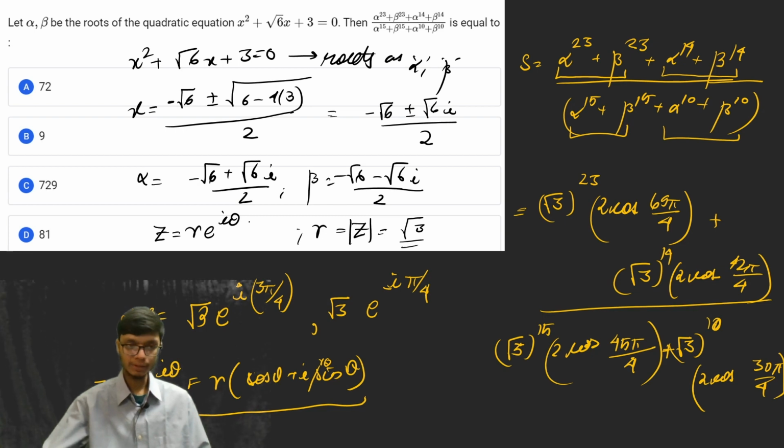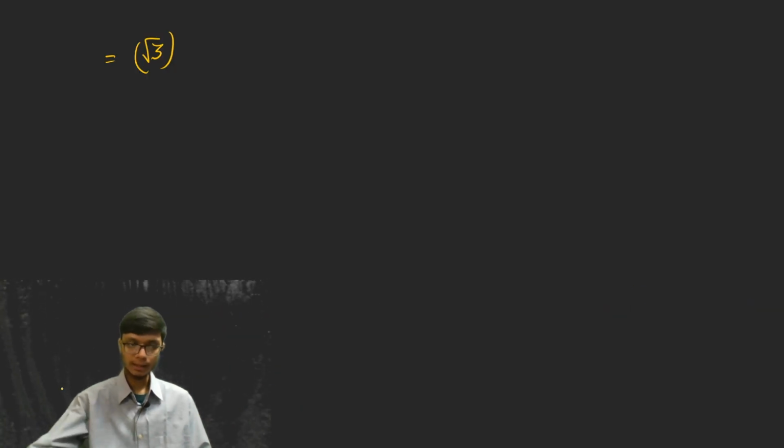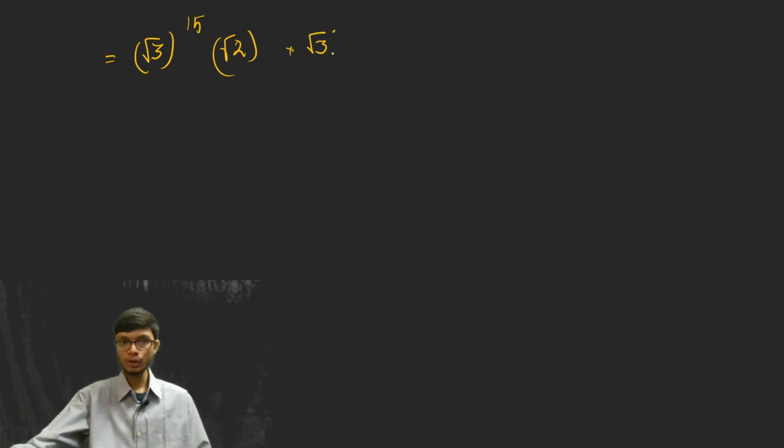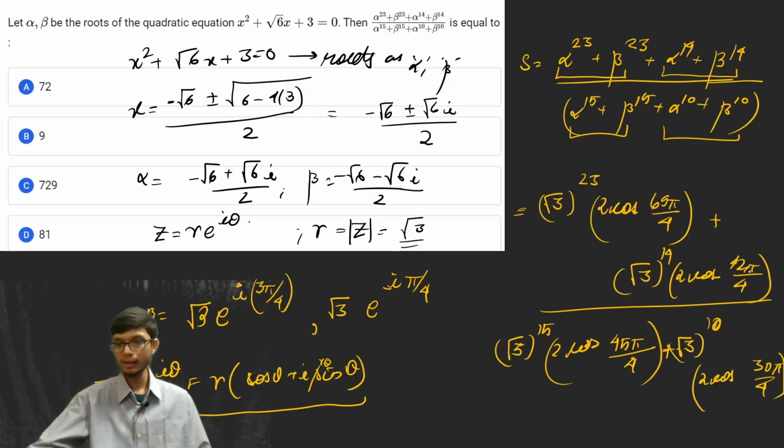Then you can definitely solve it easily. If you take root 3 to the power 15 common, then the result is 2 root 2, because 2 into 1 by root 2 is root 2, plus root 3 to the power 6 into cos of pi by 2, which is basically 0. Because you can write 40 pi as 10 pi plus pi by 2, so that is 0.